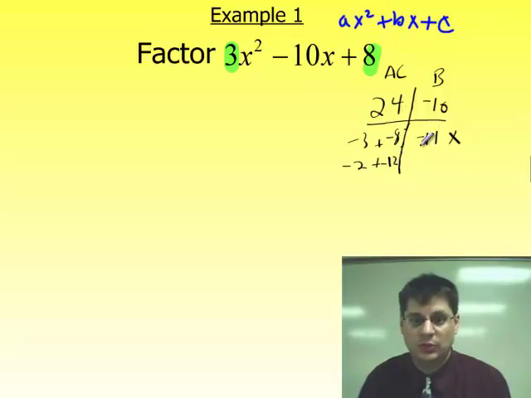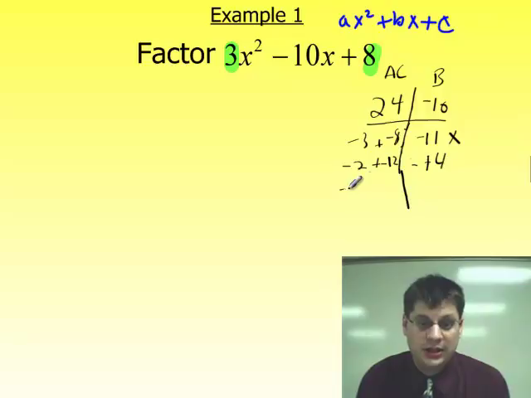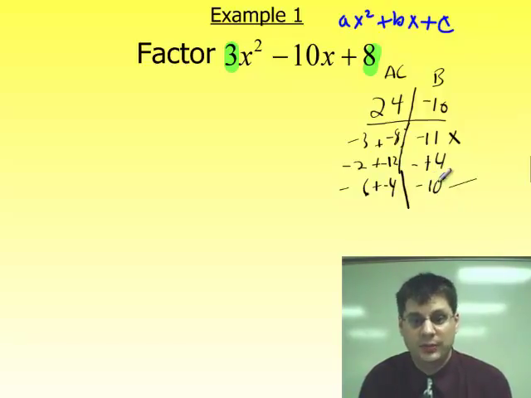Those multiply to give me 24, but they add to give me -14. Okay. I could try -6 and -4, and that gives me -10. I have a winner.